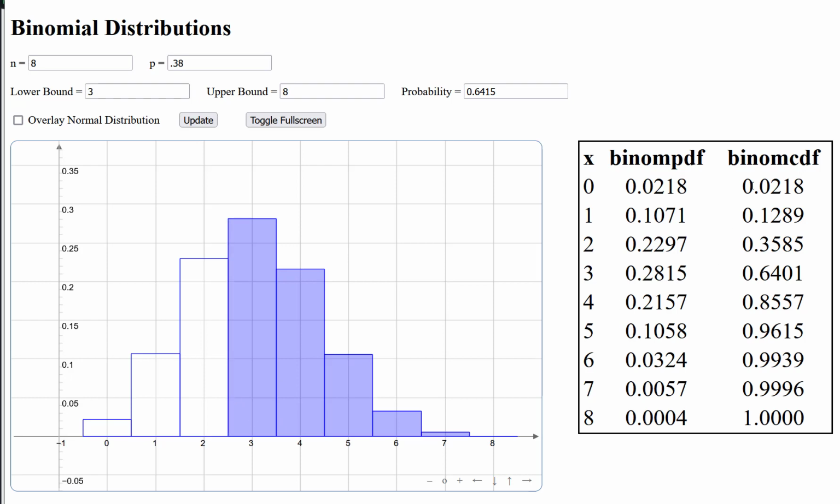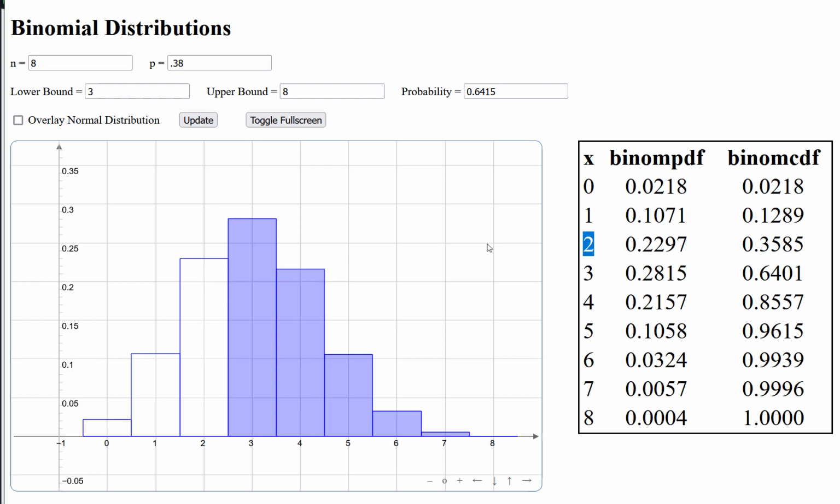So Binomial CDF, if I try and come up with the white bars here with Binomial CDF, I would use 0, 1, and 2. So I would put my value of x for Binomial CDF to be 2. All right, and that would give me the sum of the white bars. The complement of that value is going to be the sum of these blue bars. So that's what I need to focus on.